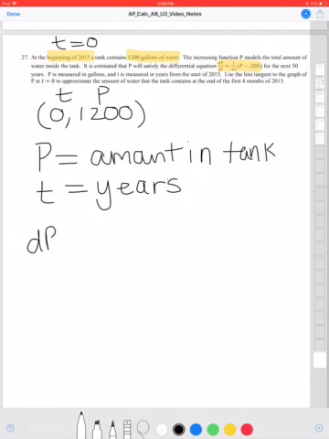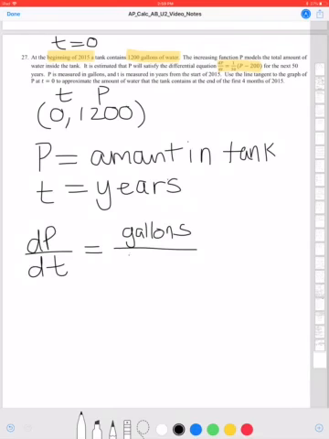So dP/dt is the change in P, which is the change in gallons, over time. And time is in years, so gallons per year.